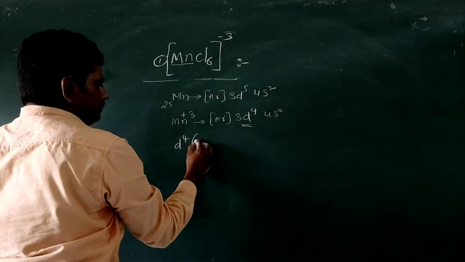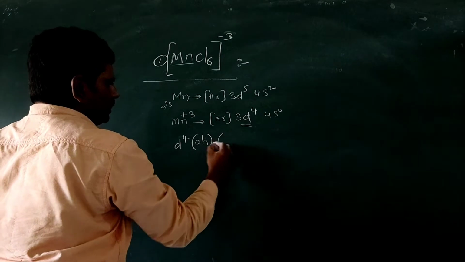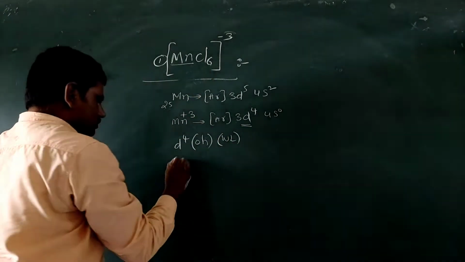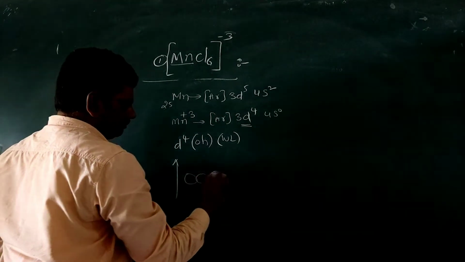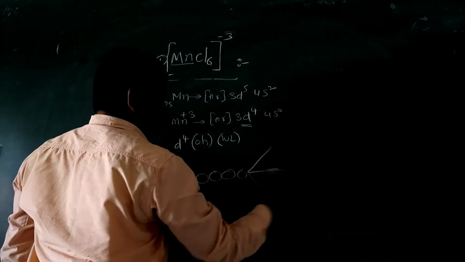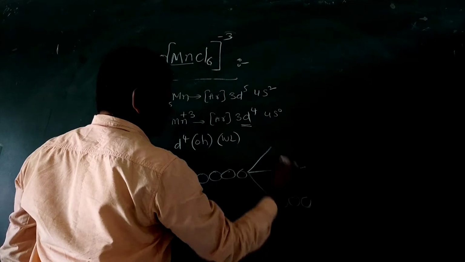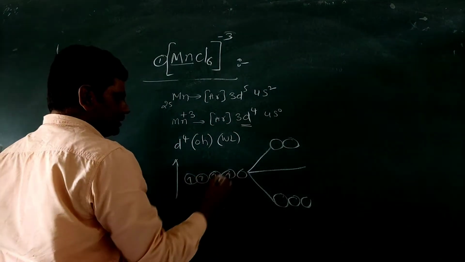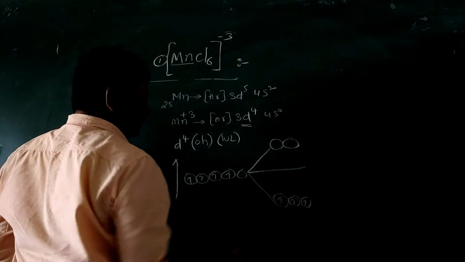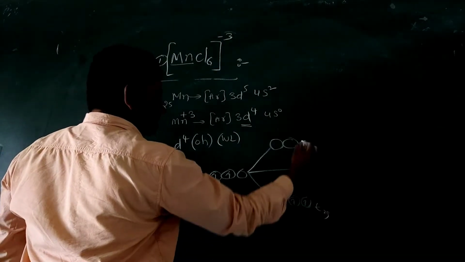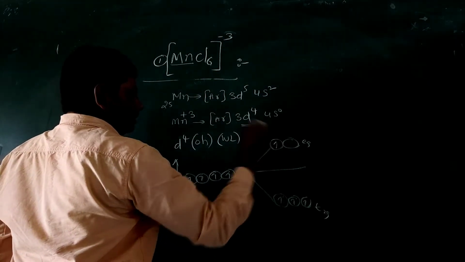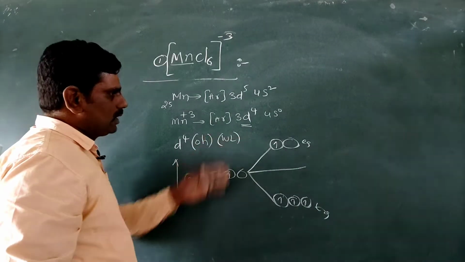And 6 is the coordination number, octahedral complex. The ligand is weak. So in crystal field splitting, t2g is the lower energy state, eg is the higher energy state. Four electrons, how will they be accommodated? 1, 2, 3, so it is t2g, and the fourth goes to eg. The electron is not going to pair up, it is going to be excited to the higher energy level.